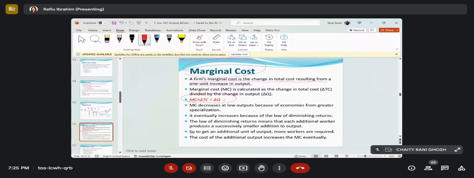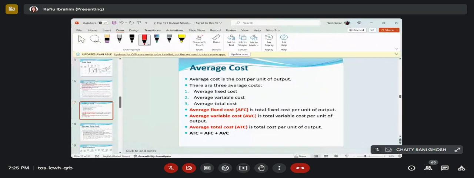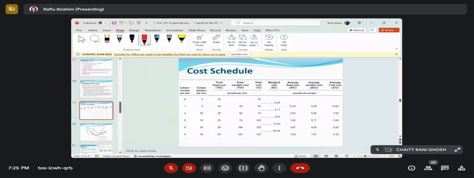Okay, now if I take you to the table, I think I have a table here. So this is the number of labor, this is the output, right? And this is the cost. So marginal cost, as I've just mentioned, is change in total cost divided by change in output or quantity.